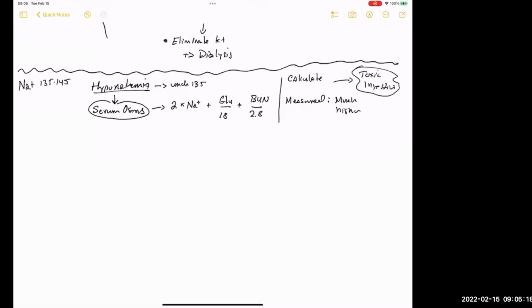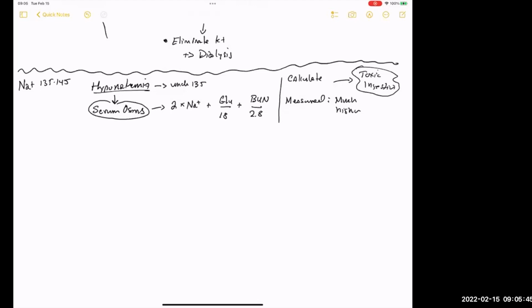All right. Another thing that you need to be aware of, another pitfall, is glucose. Glucose, when it gets elevated, can cause a false hyponatremia. So if the patient is hyponatremic and their blood sugar is elevated, you will need to take that into consideration.